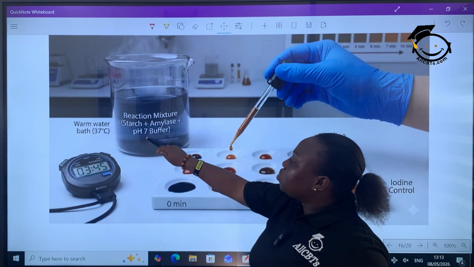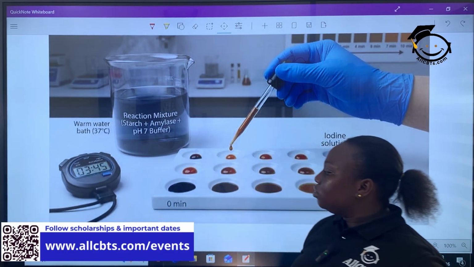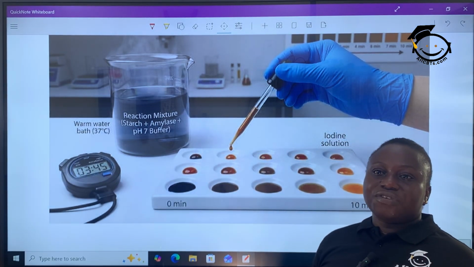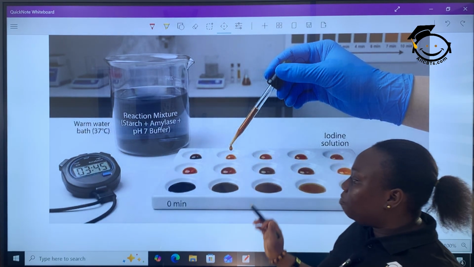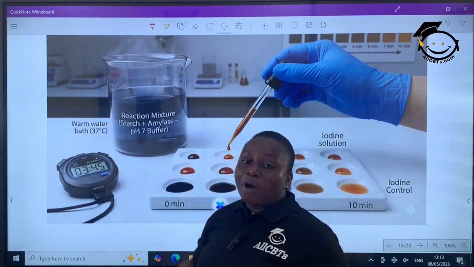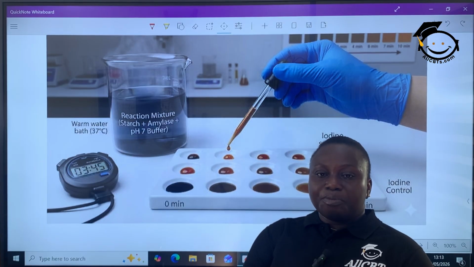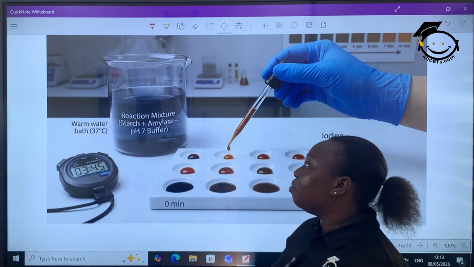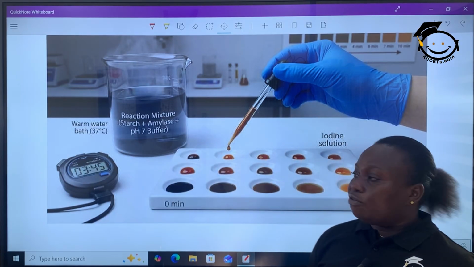Now, if you notice, you see pH 7 buffer. This must happen in a very specific pH and a specific temperature. Why? Because enzymes require a specific temperature to perform. They also require a specific pH to perform.